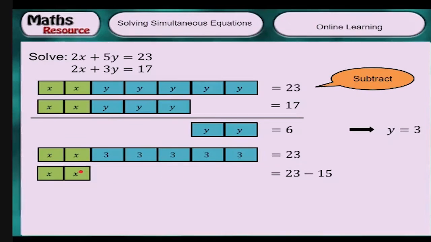That leaves me with 2x equals 8. Now again, I don't want 2x, I just want 1x. So I'm going to divide my 8 by these two x's equally. So 8 divided by 2 gives me 4. So x equals 4.